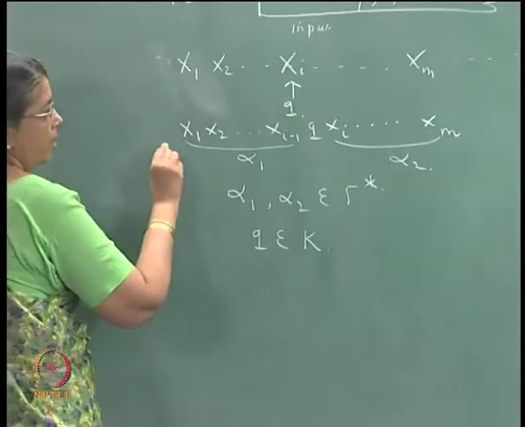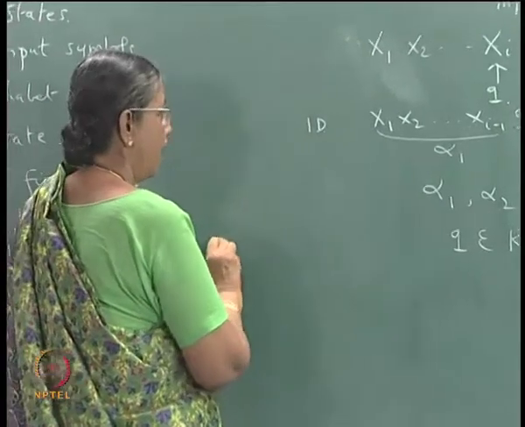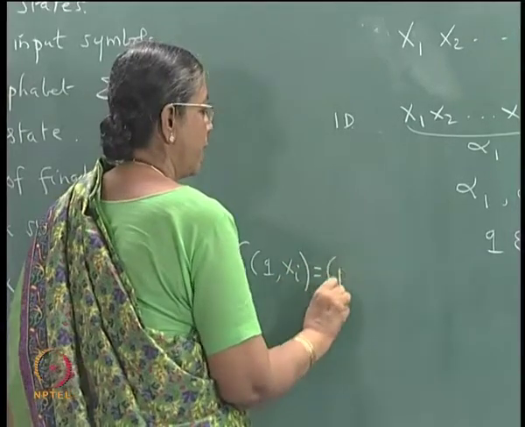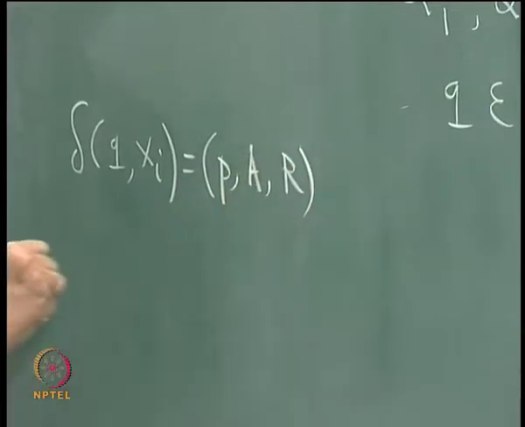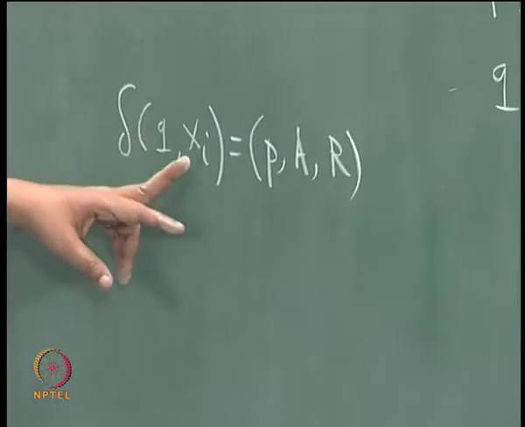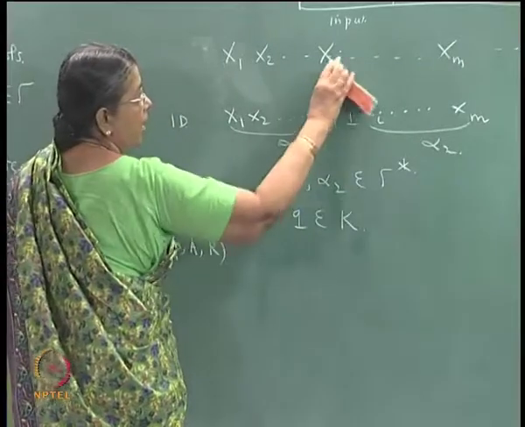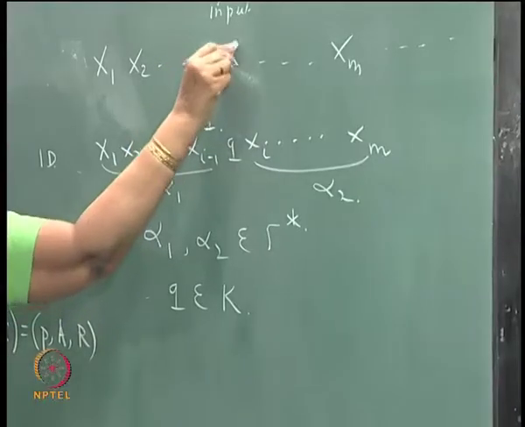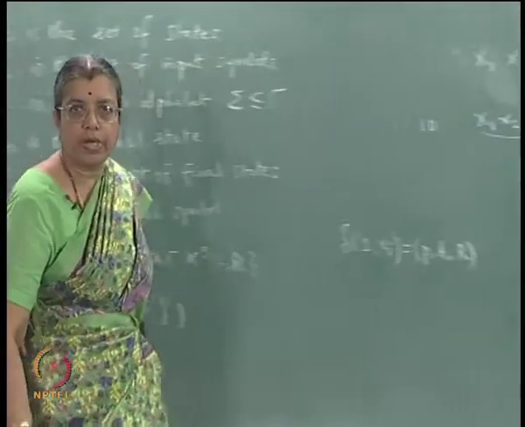Now, suppose this is the current ID, and you have the mapping delta of (q, xi) is equal to (p, a, R). It is a right move. That is, reading xi, it goes to state p, rewriting this as a, and it is going to read the next symbol.